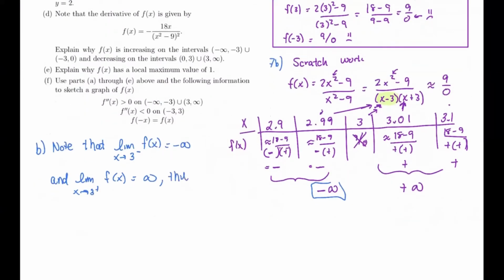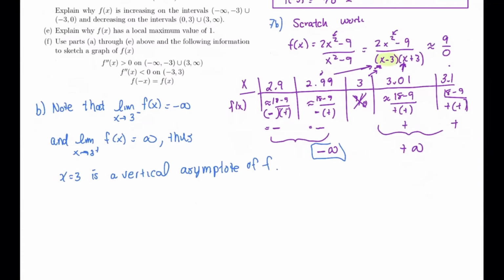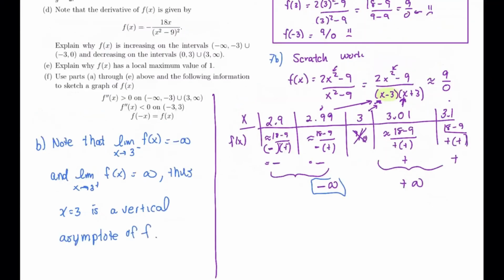Thus, x equals 3 is a vertical asymptote of f. Okay, and you can make a similar table. So again, maybe I'm going to keep this over here so I can continue my scratch work. You can make a similar table here on the right.